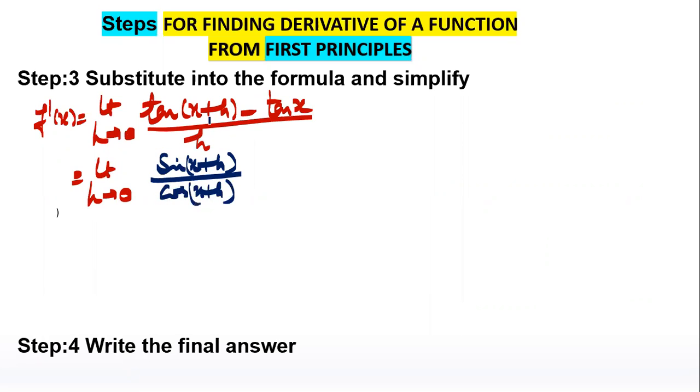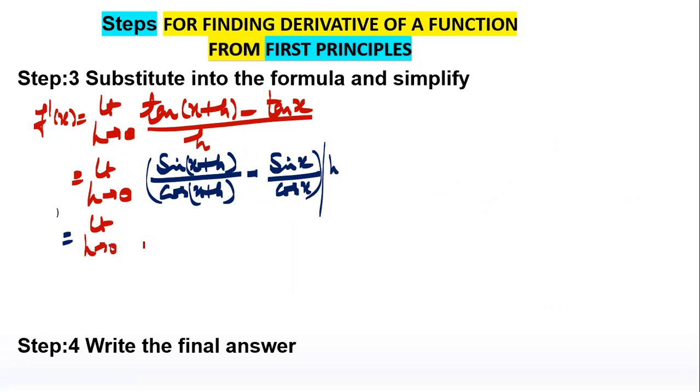So tan(x+h) will be sin(x+h) upon cos(x+h) minus sin x upon cos x, the whole divided by h. Now substitute the value, limit h tends to 0.